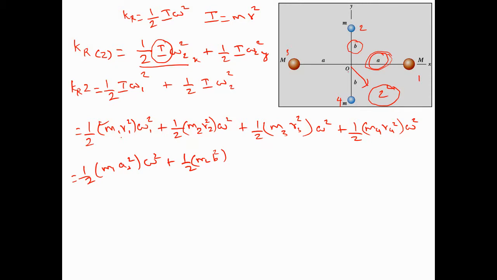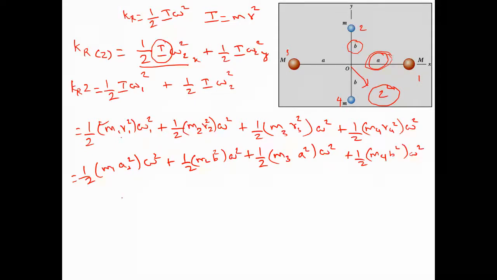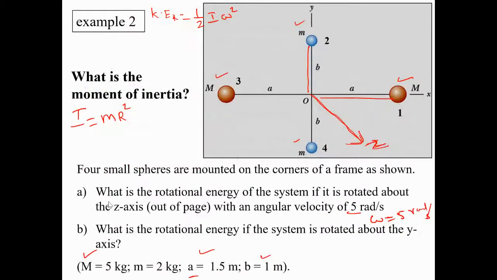My r4 is nothing but b. So I have to write here plus half m3 a square multiplied by omega square plus half m4 b square omega square. Now substitute all the values, you will get the answer. Clear? So likewise, you have to answer.